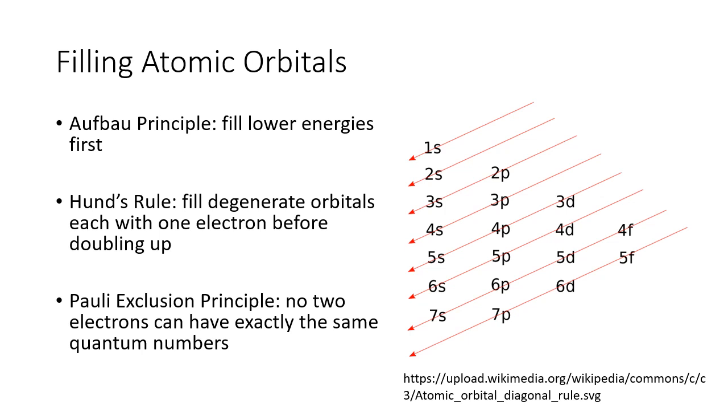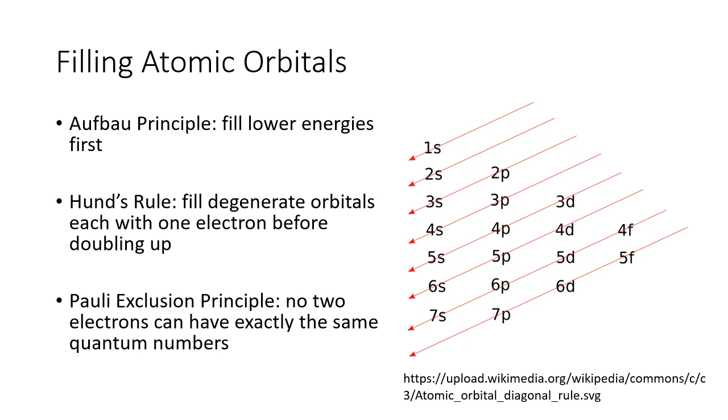Our second rule is Hund's rule, which says that you fill degenerate orbitals each with 1 electron before doubling up. So you fill the p sub x, and then the p sub y, and then the p sub z with 1 electron, and then you go back and you double up. The analogy that I use to remember this one is the room sharing rule. In your family, if you have lots of siblings, everybody wants their own room.